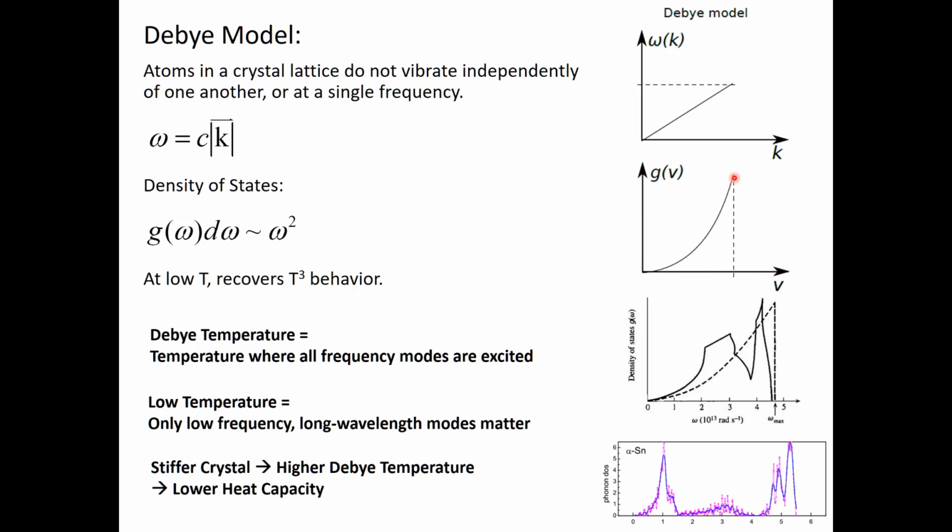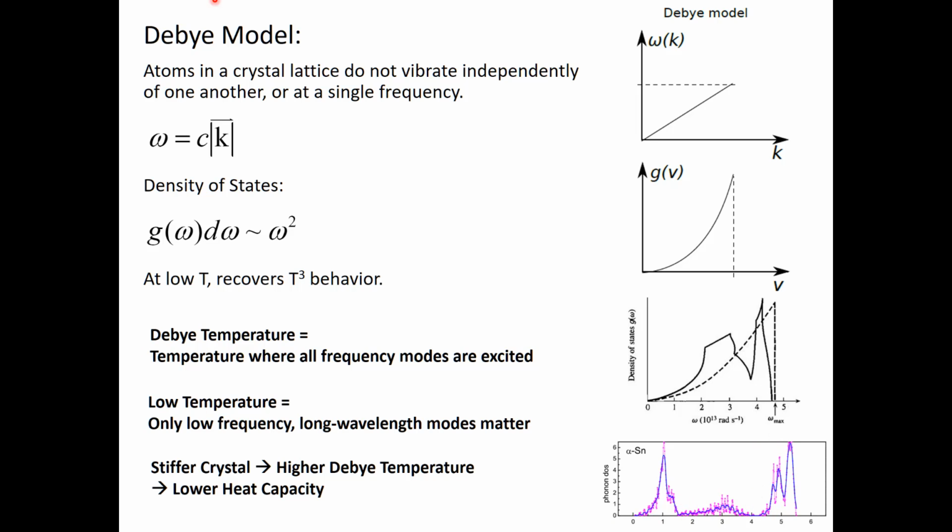And it cuts off at a certain Debye frequency. And the Debye frequency was proportional to the Debye temperature. And the Debye temperature is this cutoff right here where all the frequency modes are excited. So if I was looking at this alpha tin picture, the Debye temperature corresponds to when all the modes are being excited. So every single possible mode in this crystal is vibrating.